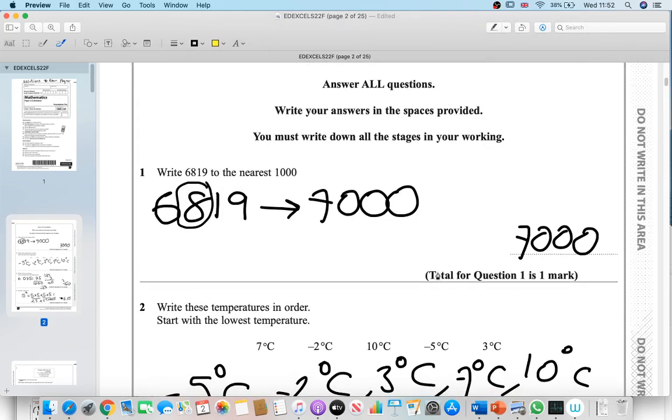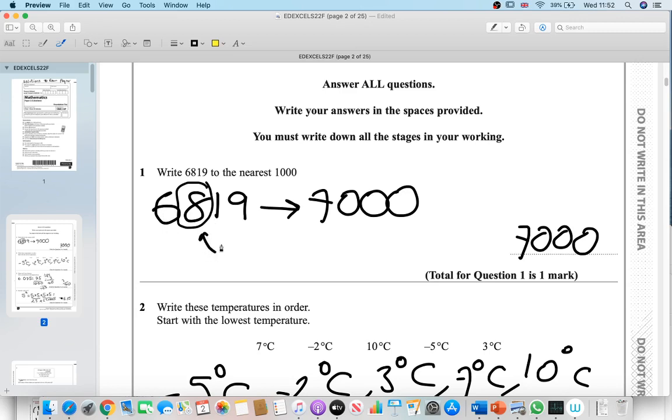Okay guys, question 1. Write 6,819 to the nearest thousand. When it's the nearest thousand, I look at my digits: thousands, hundreds, tens, and units. I look at the digit to the right of my current digit. So for thousands, I look at my hundreds.